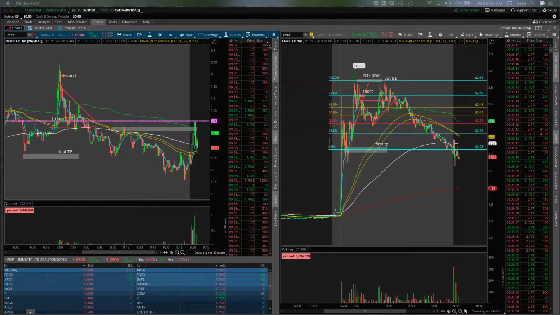Be a reversal over here to that 188 resistance. Waiting IMMP. Waiting Gene. Remember, Gene likes to extend.